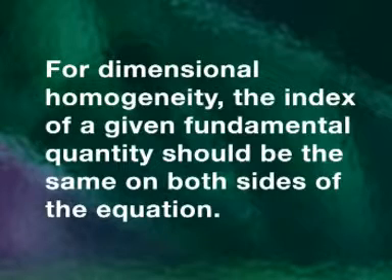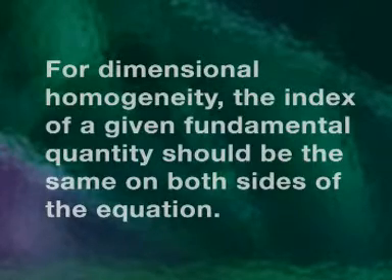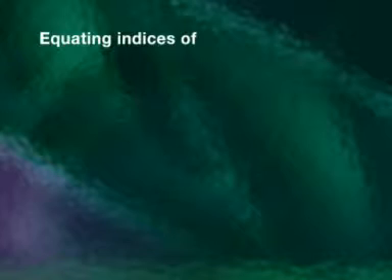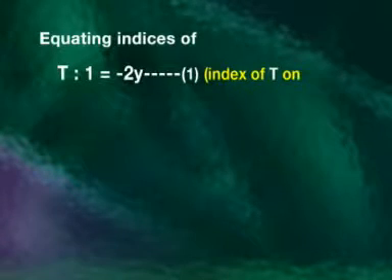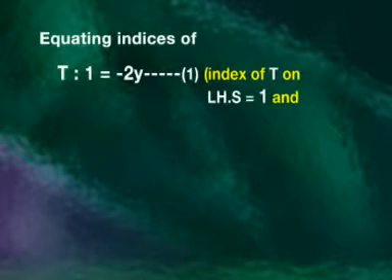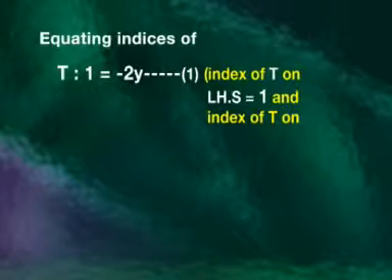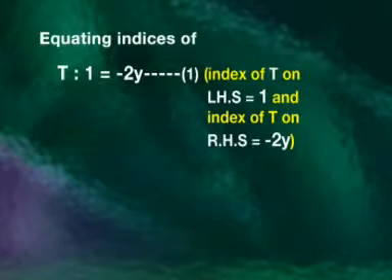For dimensional homogeneity, the index of a given fundamental quantity should be the same on both sides of the equation. Thus, equating indices of T such that 1 equals minus 2y, equation 1: the index of T on the left hand side equals 1 and the index of T on the right hand side equals negative 2y.